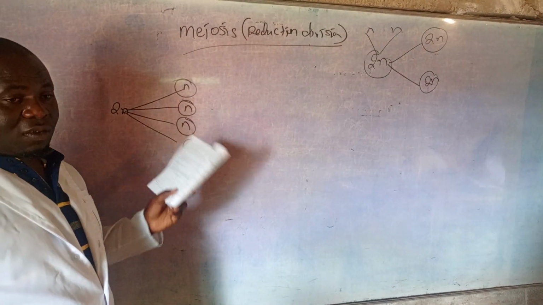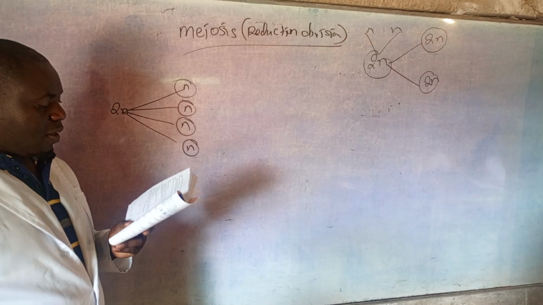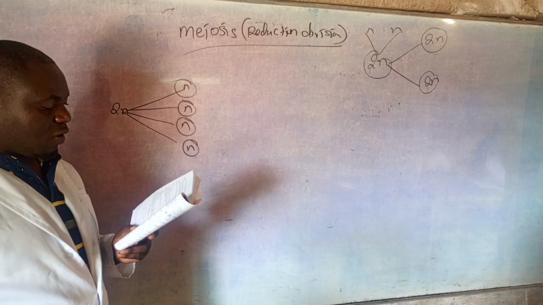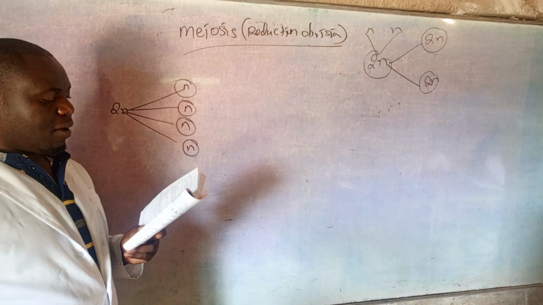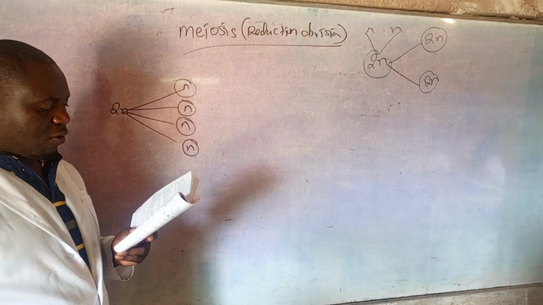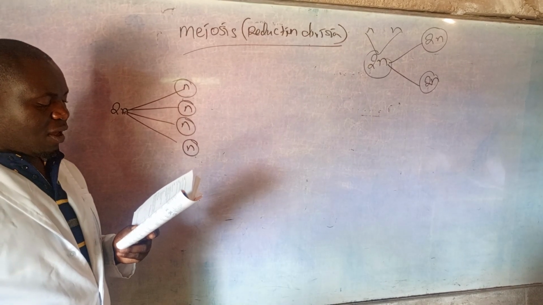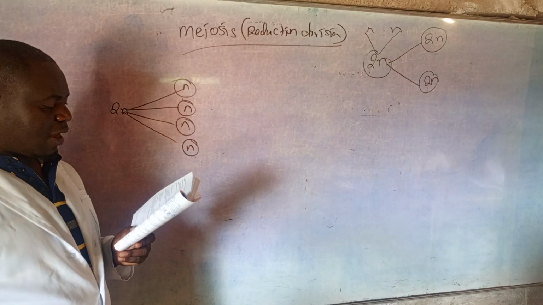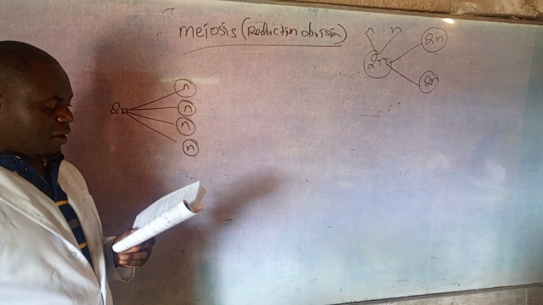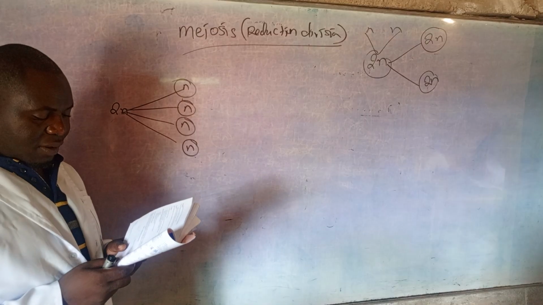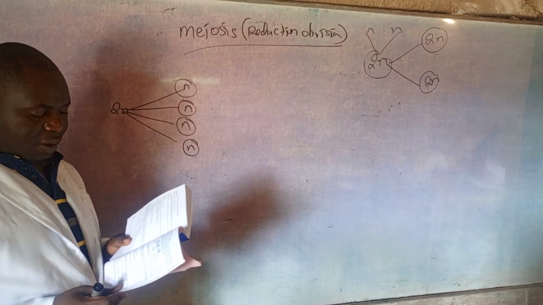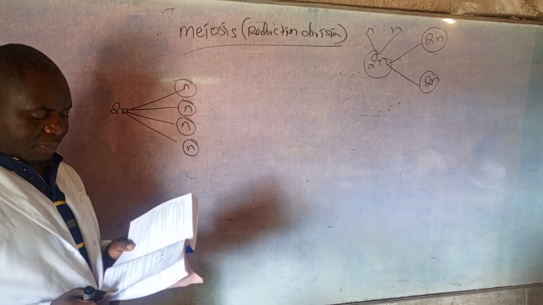Question: define meiosis. It's a type of nuclear division where one diploid parent cell produces 4 daughter cells that are haploid and genetically different from the parent cell. Is it clear here?